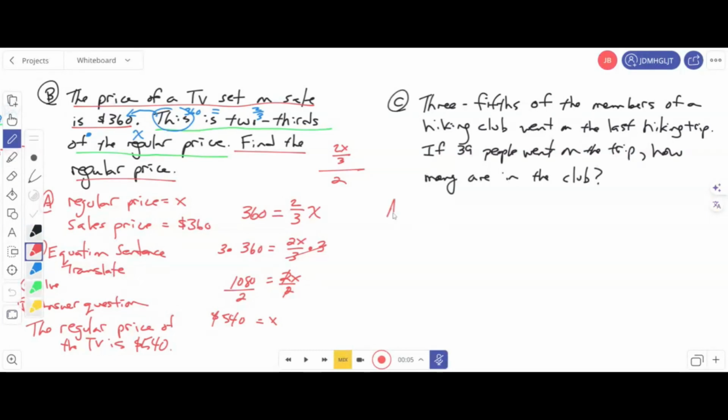So, first thing we need to do is determine what they're asking us to find. How many are in the club? We want to know how many club members, and we're going to call that X. So really this would be number of club members.